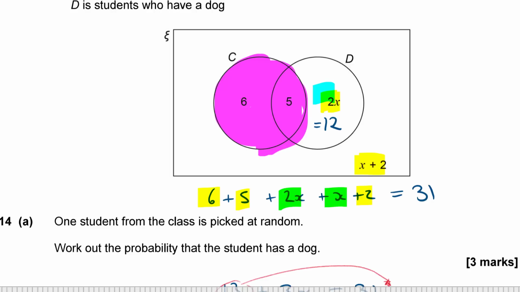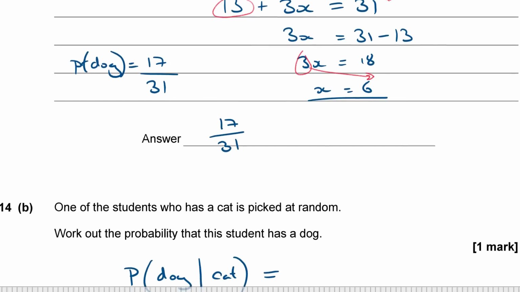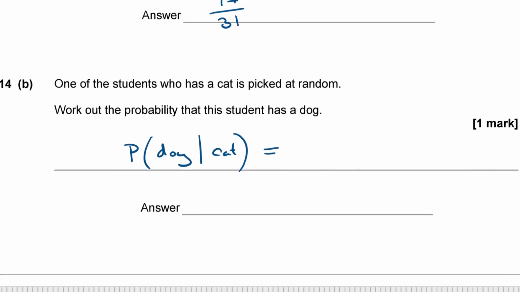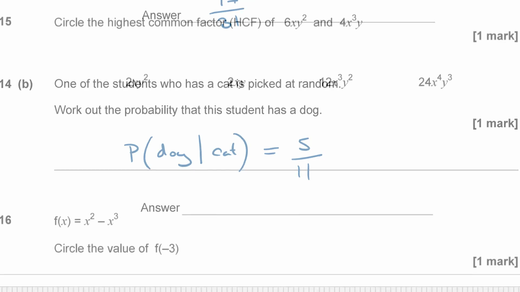So given that they've got a cat, they must be one of those 11 people. And of those 11 people, 5 of them own a dog. So the probability that they have a dog given that they have a cat is going to be 5 out of 11.